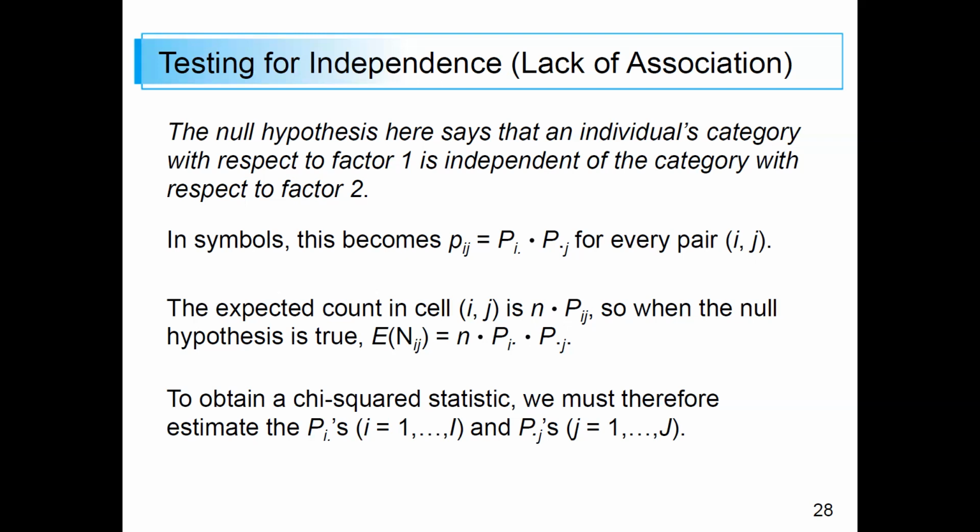And in the binomial distribution, the expected value is always the number of trials, here the number of individuals, times the probability. So n times this probability gives us the expected count in that cell. And this is assuming that the null hypothesis is true, such that the row and column factors are independent.